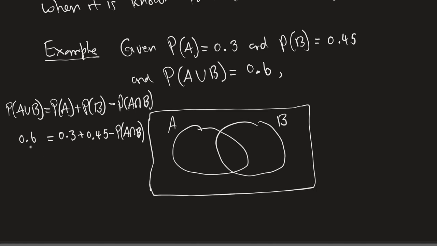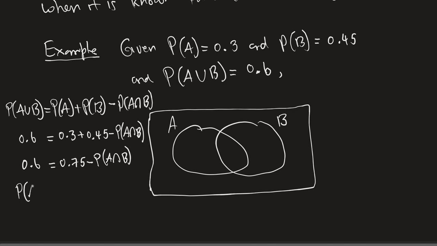So let's see. We have 0.6, and then over here we have 0.75, and then minus the probability of the intersection. There are different ways you could do it. We can add the probability of the intersection of A and B to both sides and then subtract 0.6 from both sides.